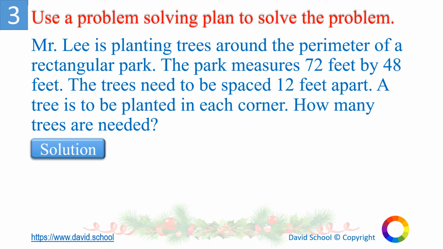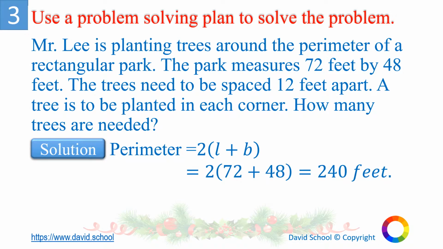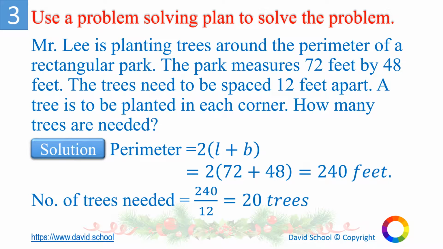Given the park is rectangular and the trees need to be planted around the perimeter, we use the formula to find the perimeter of the rectangle. Now substitute length 72 feet and width 48 feet in this formula. We get 240 feet. Now we can calculate the number of trees: 240 over 12 gives you 20 trees.